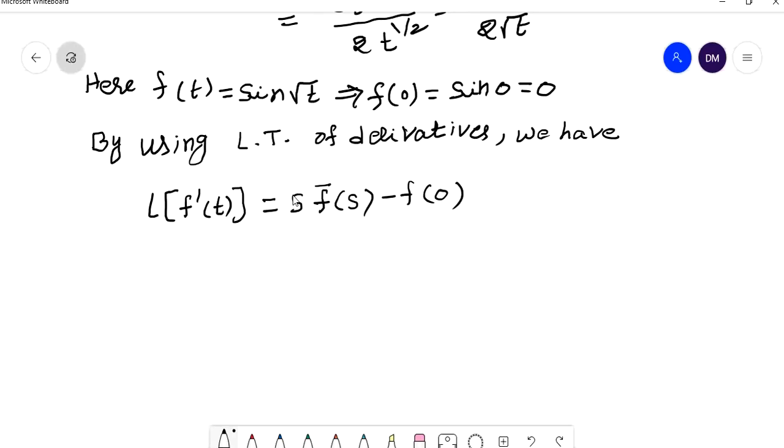Right, now substitute all the values. Therefore L of f dash of t, where f dash of t value is cos root t by 2 root t.